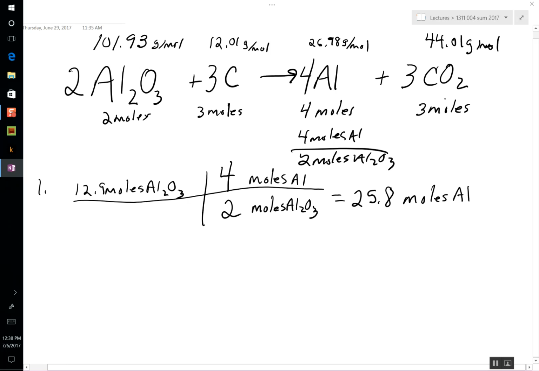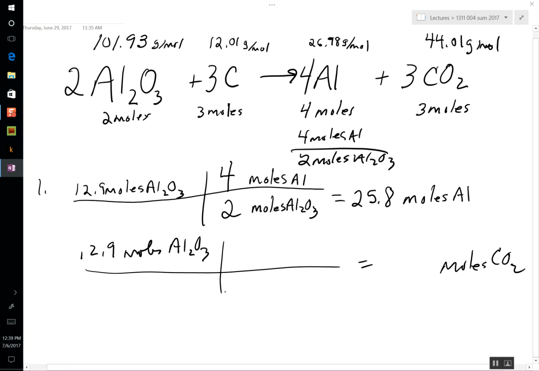We could determine how many moles of carbon dioxide would be produced from 12.9 moles of aluminum oxide. If you were in the environmental department at Alcoa, this might be a question you have to answer because the EPA wants to know how much carbon dioxide you're producing.